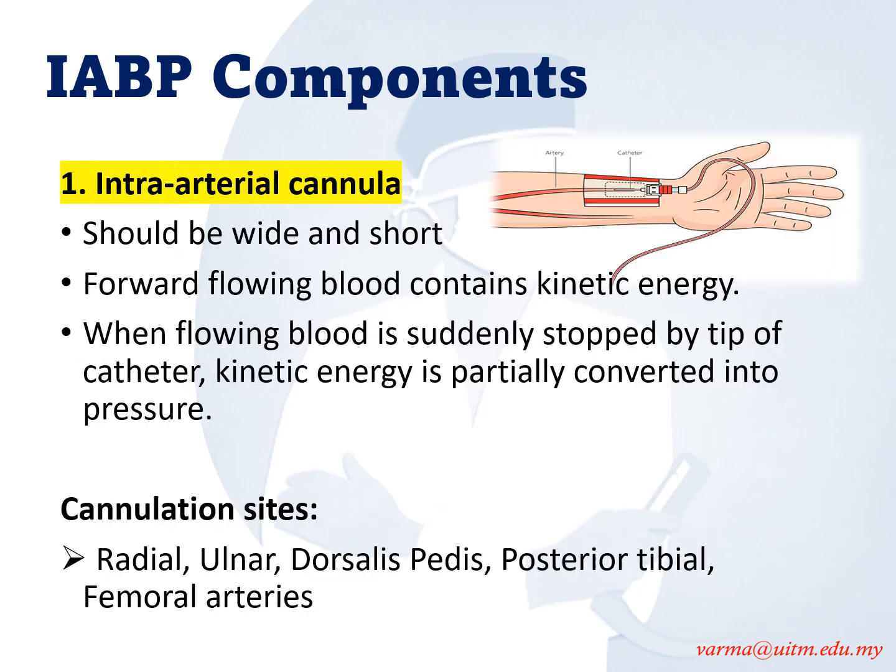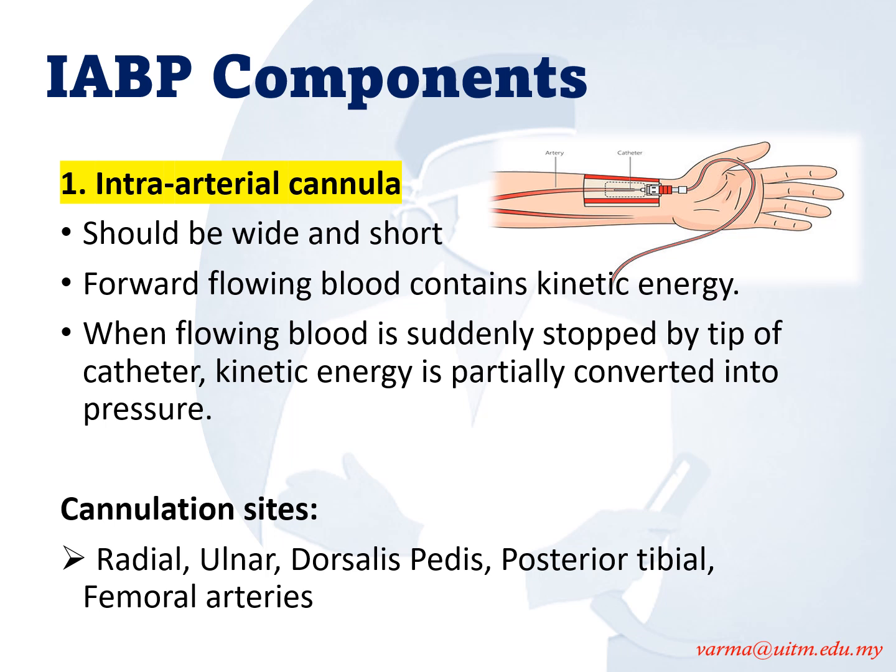First, we will talk about the intra-arterial cannula. An ideal intra-arterial cannula for an accurate blood pressure measurement should be wide and short. This is to reliably transmit the energy from the blood flow to the display monitor. Forward-flowing blood contains kinetic energy.